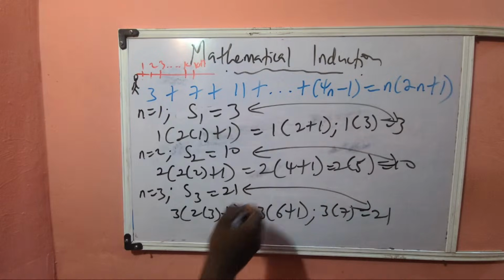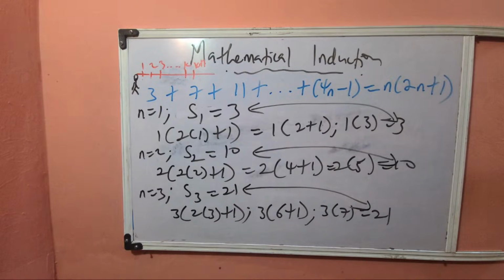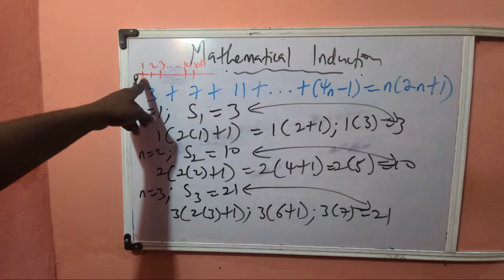So it also works. From what you can see right now, the 3 base steps work perfectly. Don't forget when I was explaining with the analogy, I said at this point you can now make a conclusion that if you have worked on the first step, it works. Second step, it works.